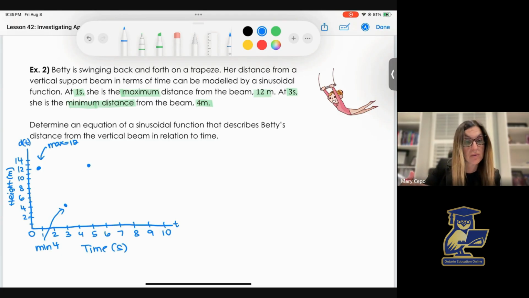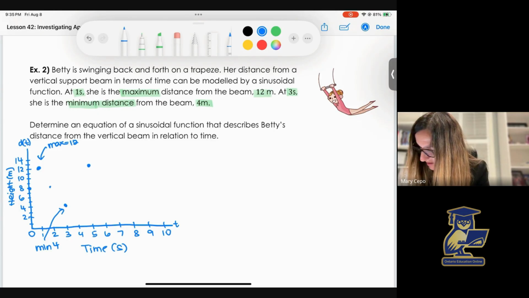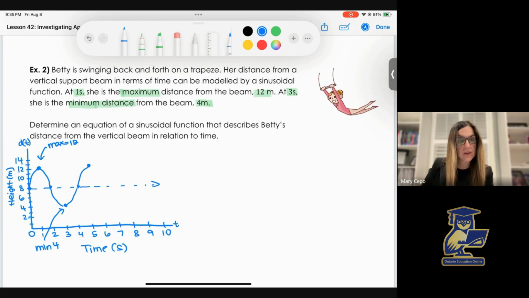So halfway between, if we took 12 plus 4, which is 16, divide that by 2, she's at 8. So then at 8, 2 seconds later, she's at 8. 1 second later, she's back at 8. So that equation of axes would be such. Okay, so max. And then she would continue. Okay, so keep that in mind.